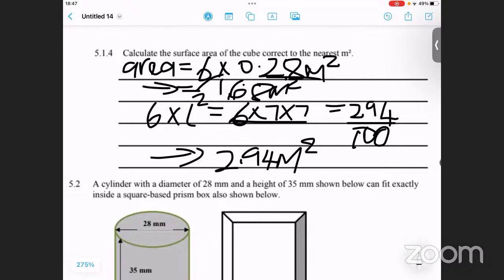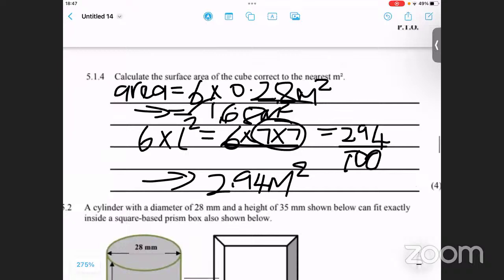I'm going to try to check something. 6 times 0.28 is 1.68. Oh, okay, I see. Do you see that here we are having 7 by 7? Yes, ma'am.